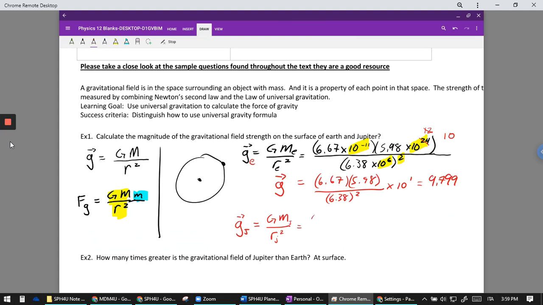And so it's just going to be 6.67 times 10 to the negative 11 times the mass of Jupiter over the distance from the center of Jupiter to its surface, squared. Go into these little locations.